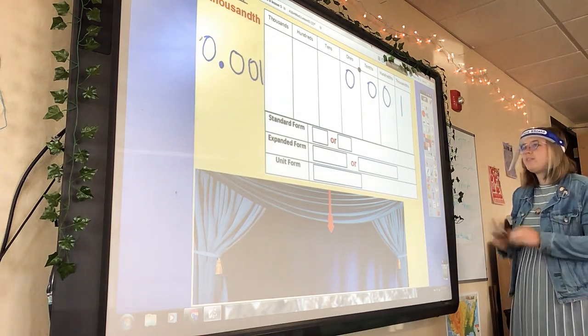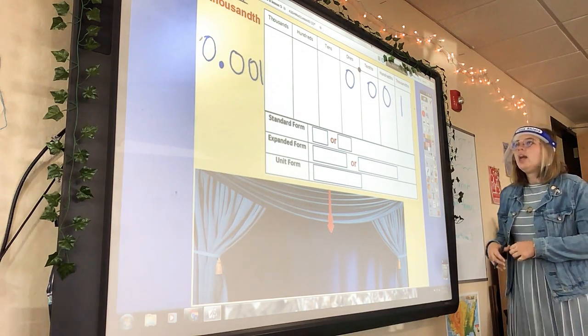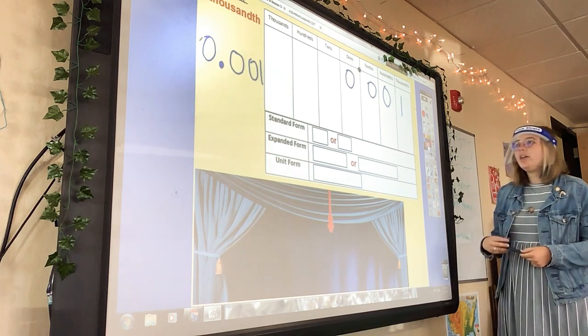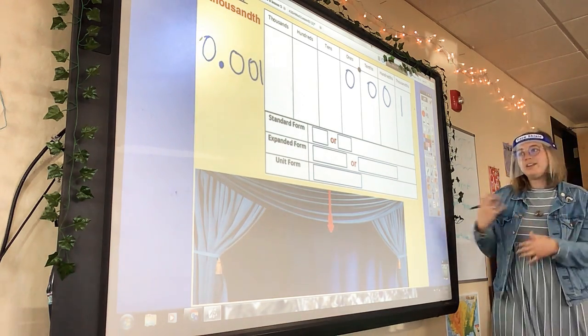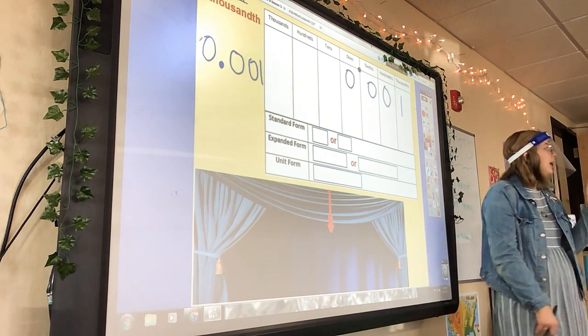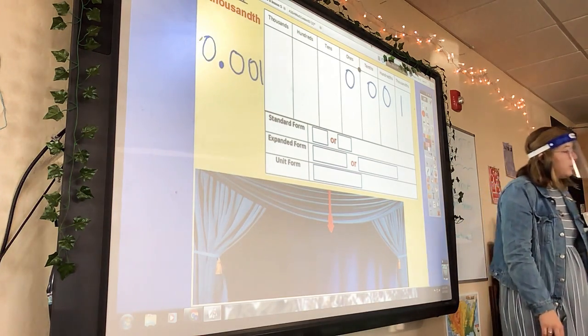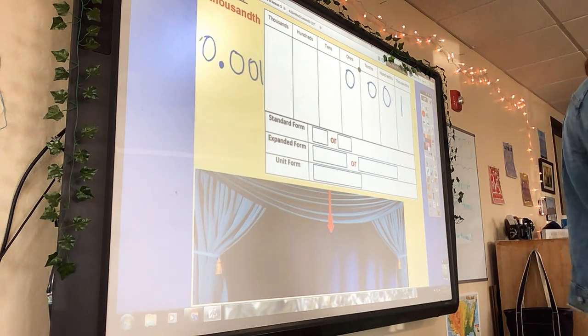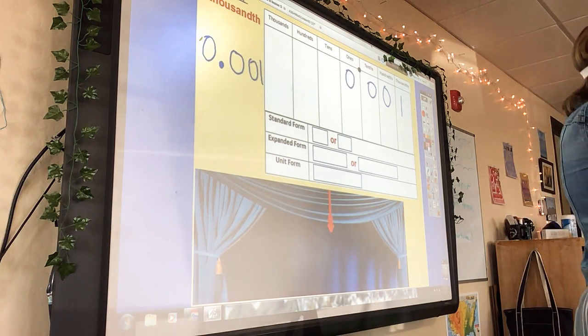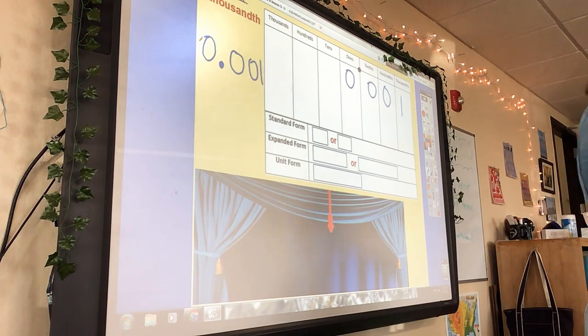Cool. Okay. Just to make sure we're all good, going from there, we're going to learn how to write these in standard, expanded, and unit forms. It's going to be a little different, okay? You may have noticed on the place value chart that I gave you last week, the one with a bunch of things at the top, if that's still visible, can you flip it over and look at it real quick?